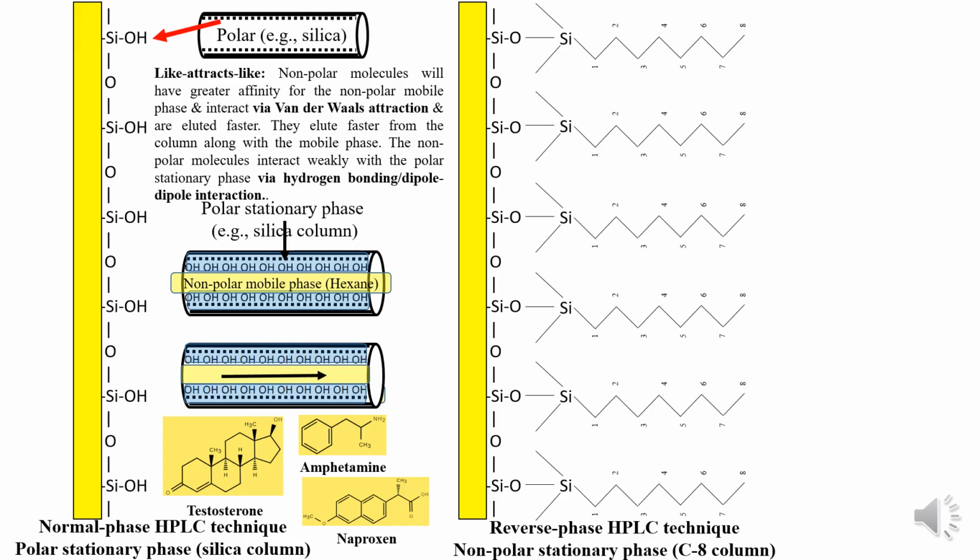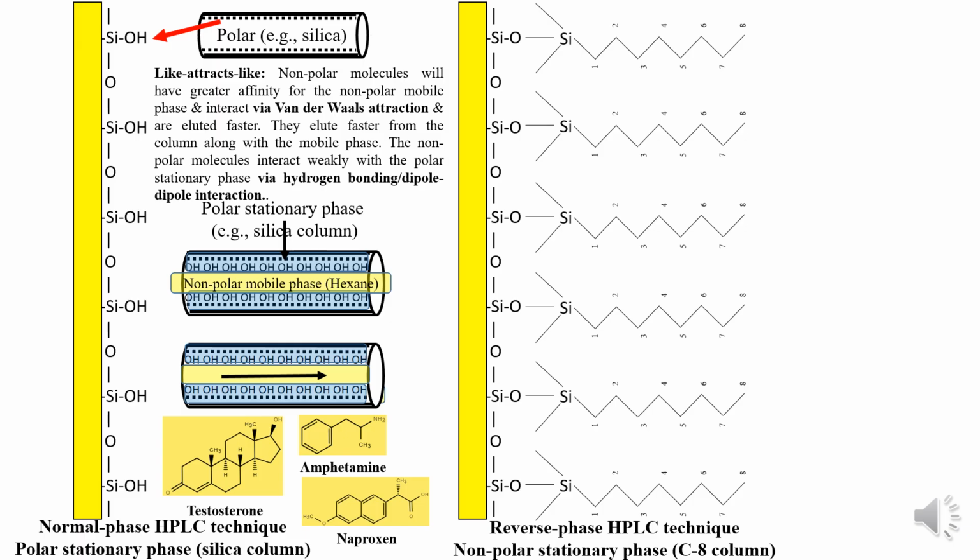A non-polar stationary phase is prepared by chemical treatment of polar silica layer with silanizing agents by a process called silanization. During this silanization process, the polar hydroxy groups are completely blocked by a non-polar octyl or octadecyl group.